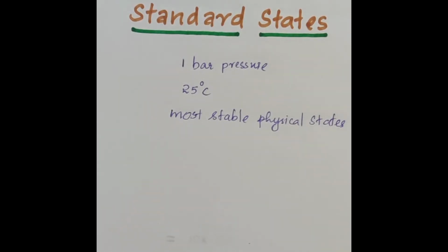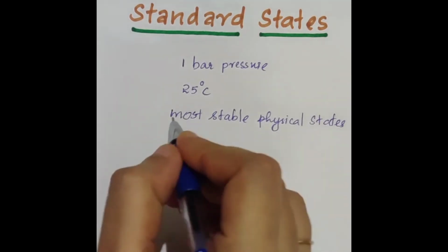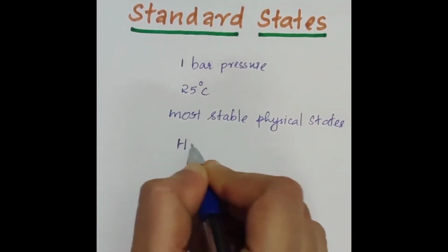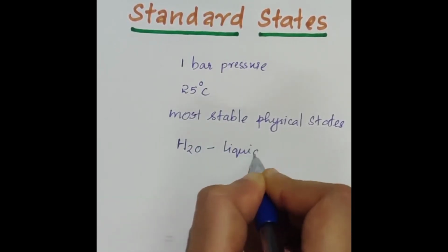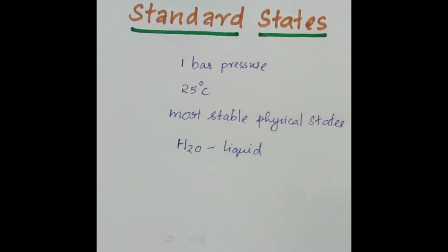Let us take one example, that is water. The standard state of water at 25 degrees Celsius and 1 bar pressure is that H2O is in the liquid state, as we all know that water is a liquid.